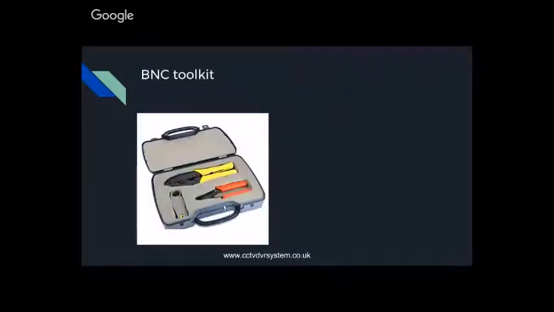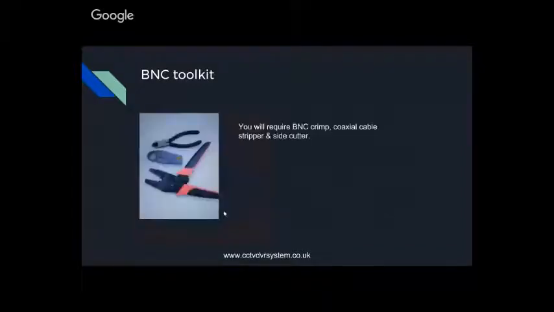You could buy them as a kit. There are a lot of mail order companies and online portals where you could buy the kit. It will cost you in the region of 35 to 40 pounds. So you get a coax crimp, side cutter, and a coax stripper.